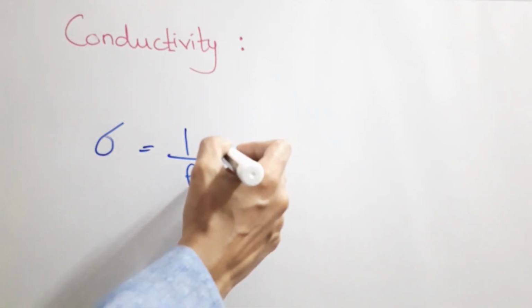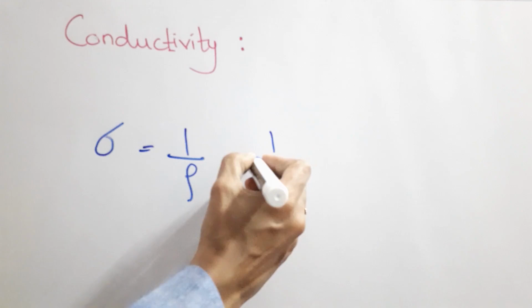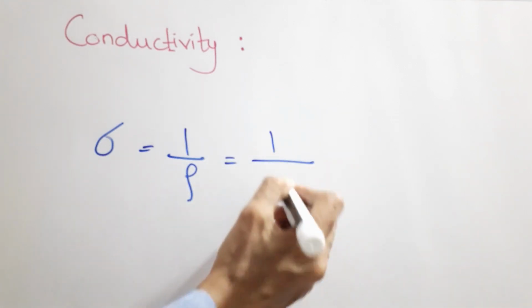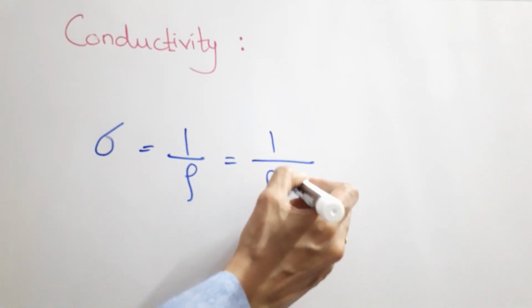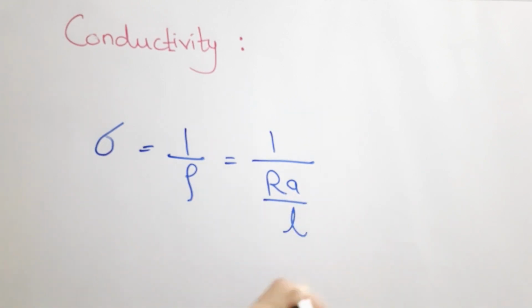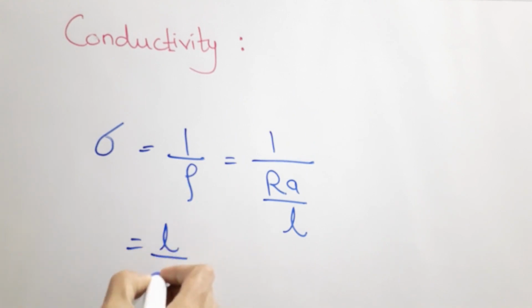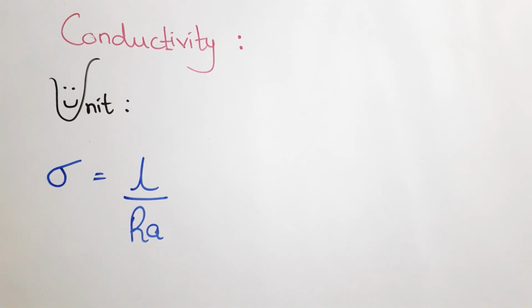If I want to frame an equation, then 1 upon, what is the formula for resistivity? R A upon L. So now if I am taking reciprocal, what I am getting is L upon R A. So sigma is equal to L upon R A. Now I want to give unit to this physical quantity. So looking at the formula, we will give unit.